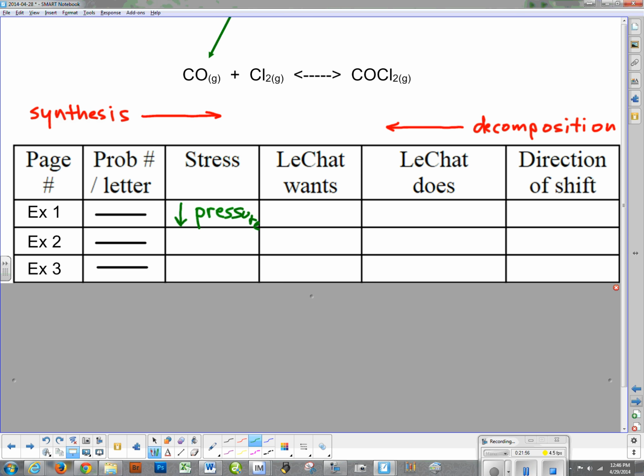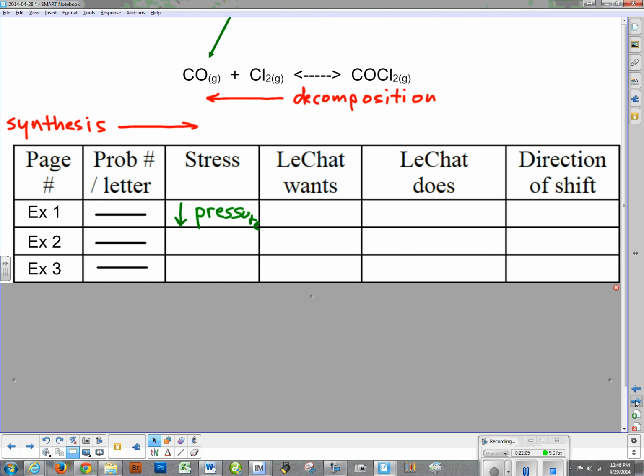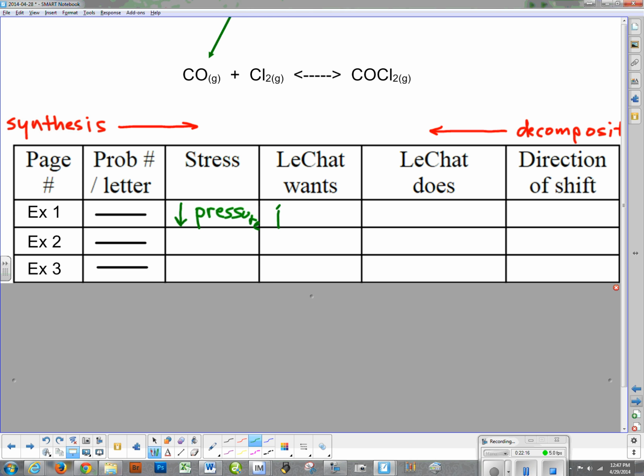Now, LeChat can't do anything about the volume. Remember, all he can do is either move the equation this way in the side towards synthesis, or move it this direction and move it towards decomposition. So, how is he going to get the pressure to go up?